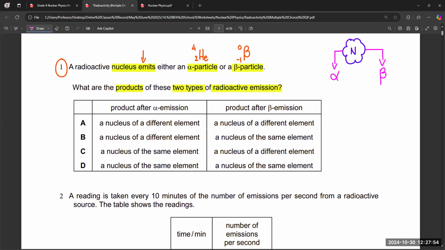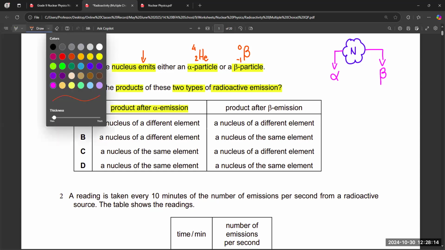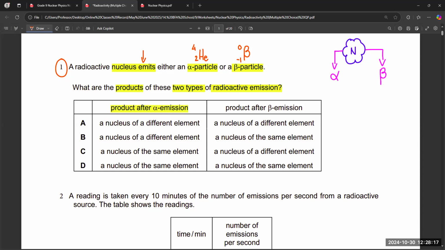So first of all, if we start with alpha, in the equation of alpha, what do you think? There are four possibilities given. In the first column, there are four options. A nucleus of a different element. Like if we consider any element, for example, we are talking about alpha right now, and the values are, for example, 10, 18, right?